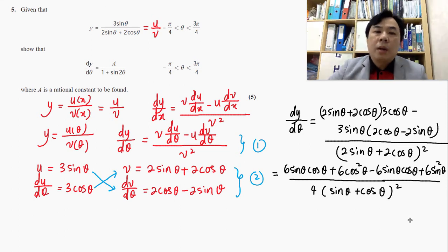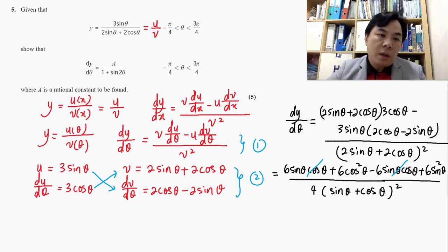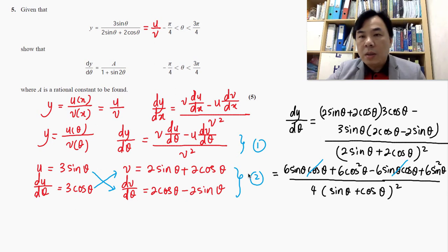Now you will notice that these 2 terms neutralize each other, so they cancel out. They are the same term. What is left is just 6 cos square plus 6 sine square here, and then 6 cos square plus 6 sine square, using that identity.